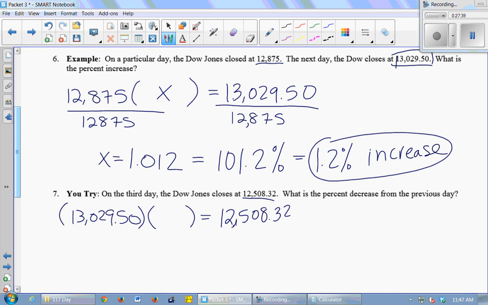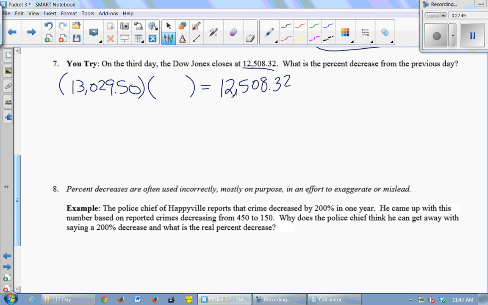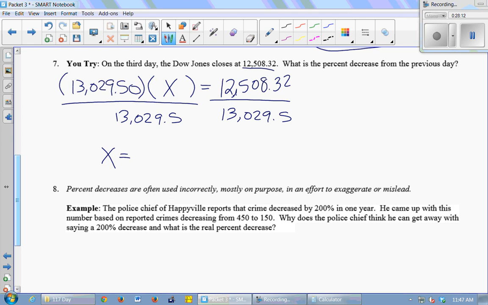Okay, so this is the most common approach that I saw, probably because it's the one I used in the previous example, but I'll go over some of the other ones also, because they might feel more intuitive to you. So this thing that I don't know, we'll call it X, and that's how I'm going to figure out my percent decrease. I'm starting with 13,000, I've got to multiply by something and get 12,500. So I'm going to divide both sides by my 13,000. And we get X is 0.96.